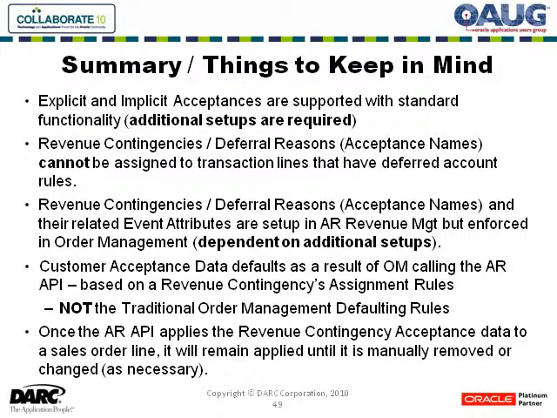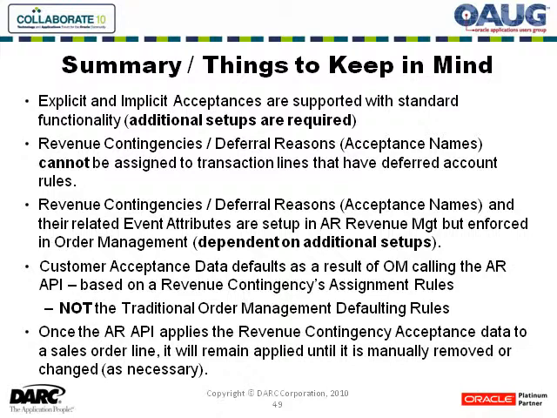The revenue contingencies, i.e. deferral reasons, and acceptance names cannot be assigned to transaction lines that have deferred accounting rules. In addition, the revenue contingencies, deferral reasons, acceptance names, and their related event attributes are set up in AR revenue management, but they're completely enforced in order management, depending on the additional setups being completed.